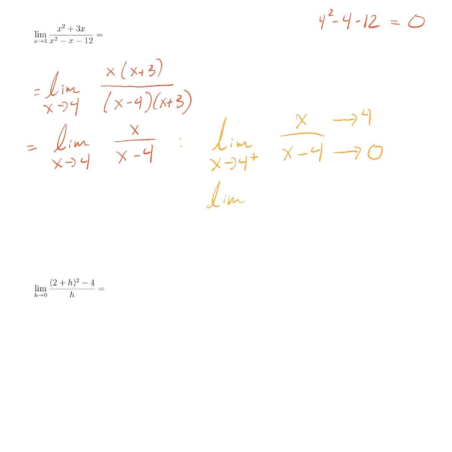So we get that the limit as x approaches 4 from the right of x divided by x minus 4 is positive infinity. You should also then be able to show that the limit as x approaches 4 from the left of x divided by x minus 4 is negative infinity.